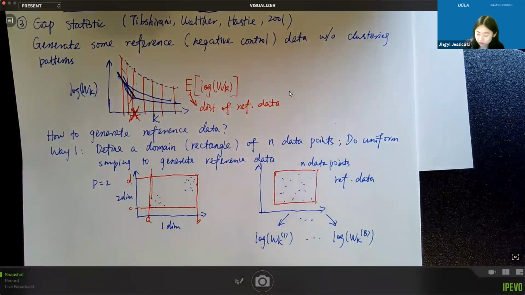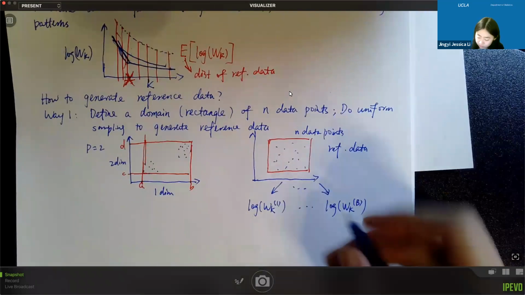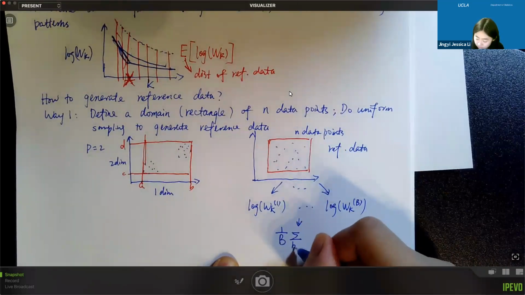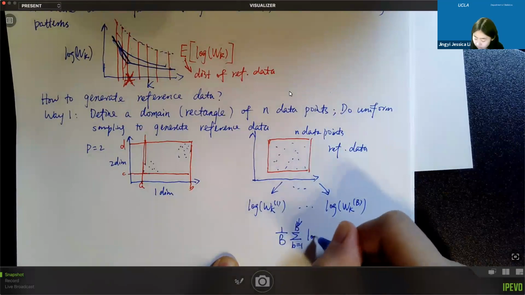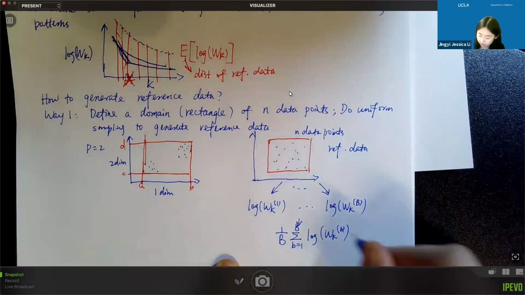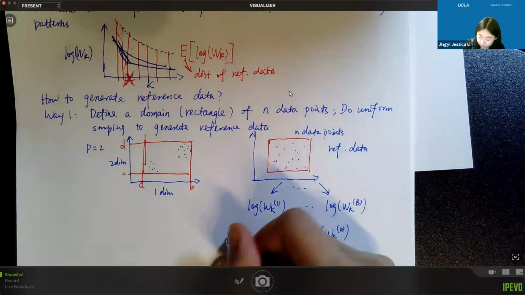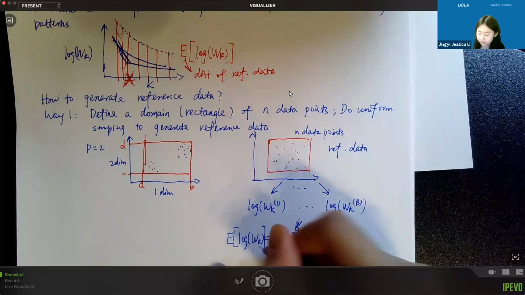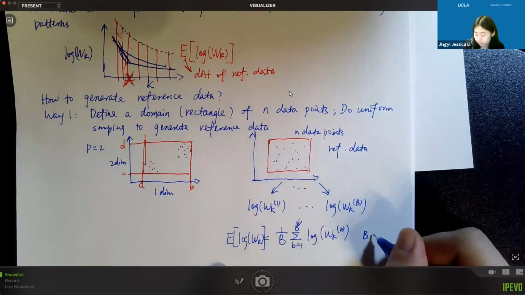And then you will compute their average, and you will call this your expectation, if your B is large enough.